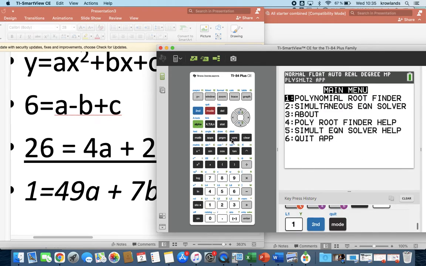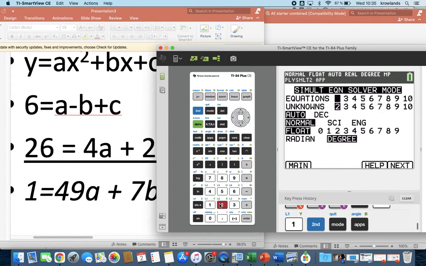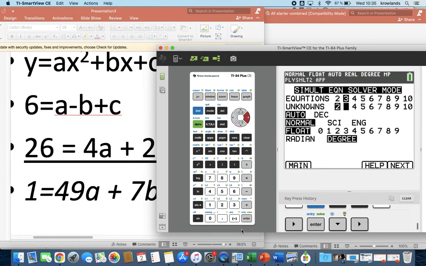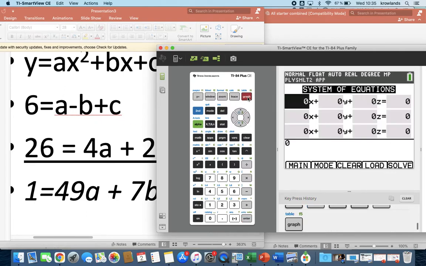I made an error, so let's just do that quickly again. Simultaneous equations. We're going to go on to 3 equations, with 3 unknowns, because we've got a, b, and c, which are all unknown. Then we press next. There we go.